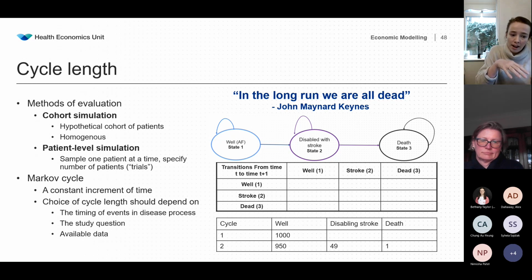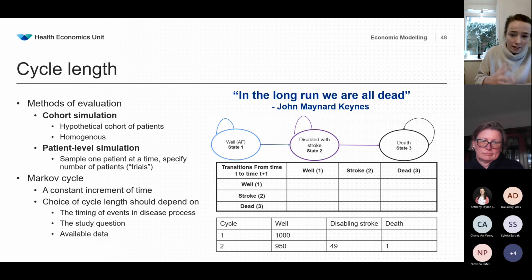It's important to note that that happens at one time, and everything is assumed to happen at the start of the cycle. Sorry, I said that confusingly. In cycle 2 here, where you have a death, that death is assumed to happen on day 1.